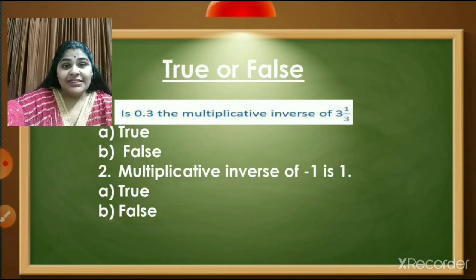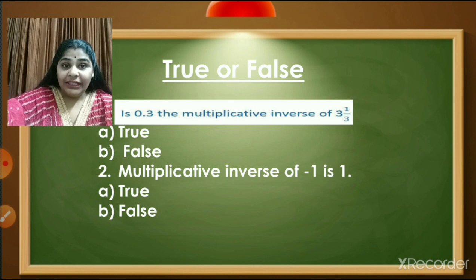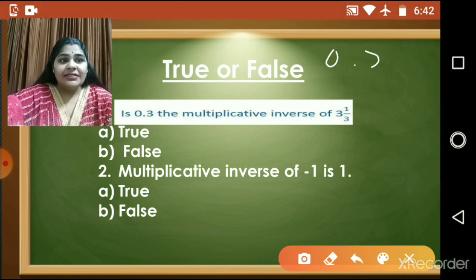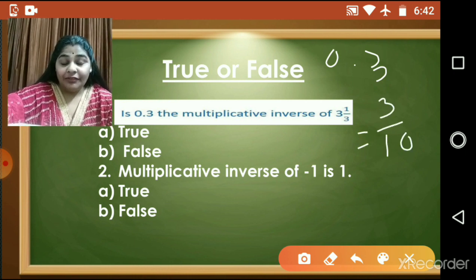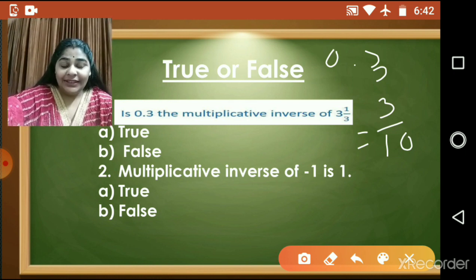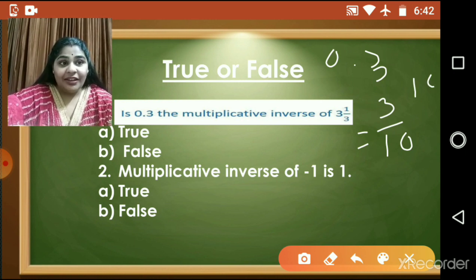Now, true or false? The first one is: 0.3 the multiplicative inverse of 3 1 upon 3? Now, how to find this? This question is from your textbook, children, but I have given this in the form of true or false. That means such types of questions can be asked. So, let us see. 0.3 can be written as 3 upon 10, children, if I convert it into the form of P upon Q. And 3 1 upon 3 can be written as 3 3s are 9 plus 1, that is 10 upon 3.